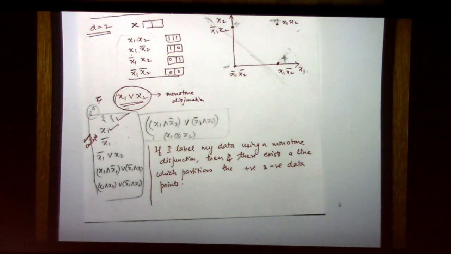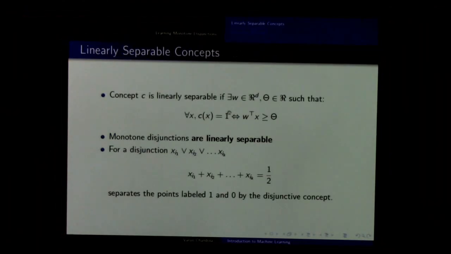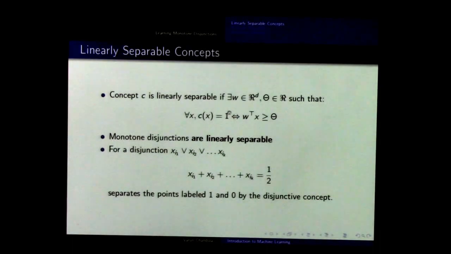So let me go to this slide. Right, so I've written it mathematically, but the way you want to understand this is a concept C is linearly separable if there exists a W belonging to R of D. Okay, so these are some notations that will come more and more from now on.